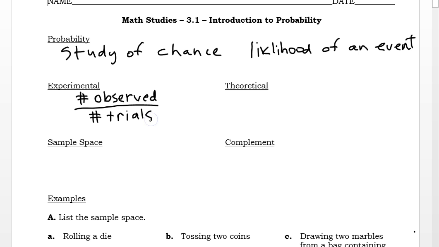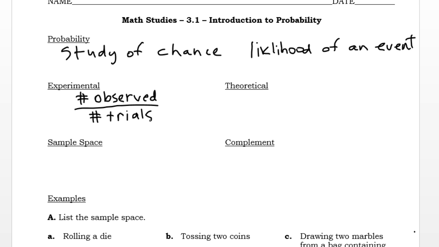If I flip a coin 10 times and record how many heads and tails I got, that's experimental probability because I'm actually doing an experiment. Let's say I got 3 heads out of my 10 flips, so my experimental probability of heads would be 3 out of 10.